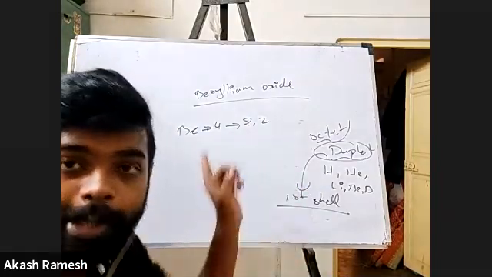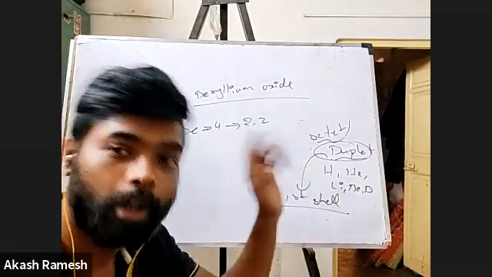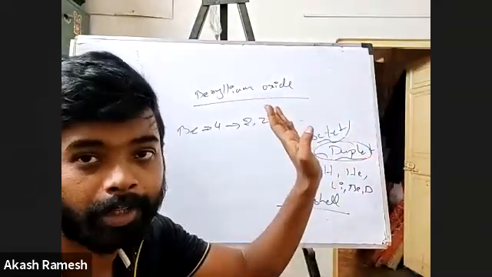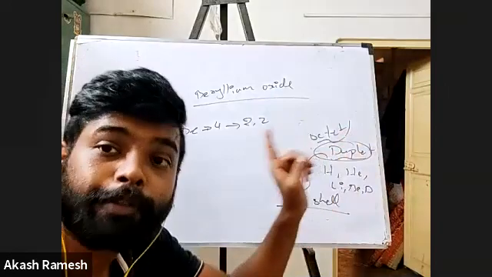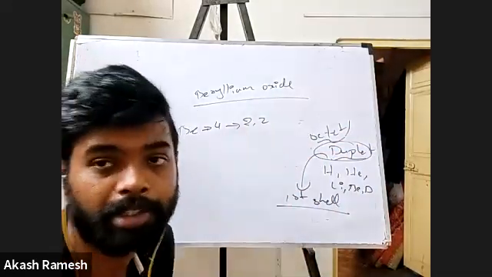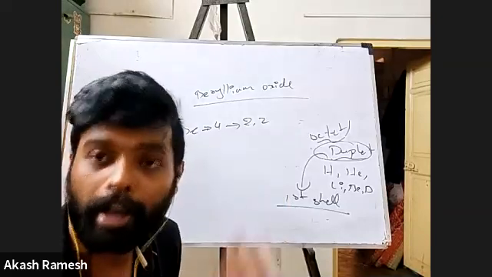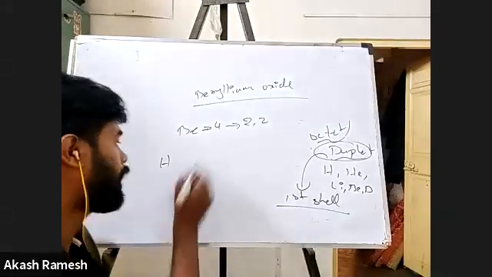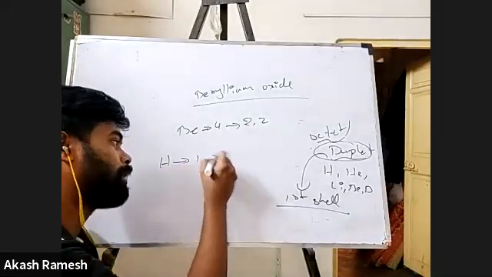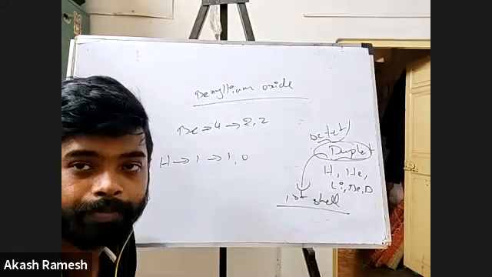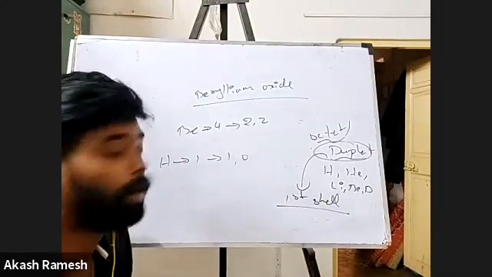By the moment you go to the second shell, the only thing which has to be satisfied is octet, not duplet. But if you're going for the first shell, then if it has 2 electrons, I'm fine with it. For example, if I take hydrogen, atomic number of 1, the electronic configuration is 1, 0. I'm just keeping 0. Now what will happen?